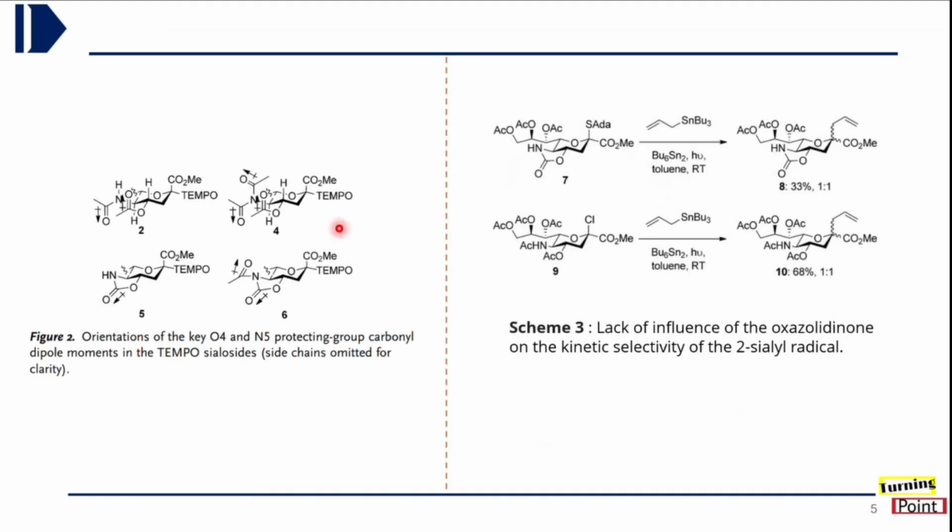If you see the orientation of the dipole moment, what they are showing is that because of the dipole moment of this oxazolidinone ring, it is reducing the electron density here, and that's how it indirectly helps modify the mechanism of the reaction. It will go with the associative mechanism instead of an SN1 kind of reaction.